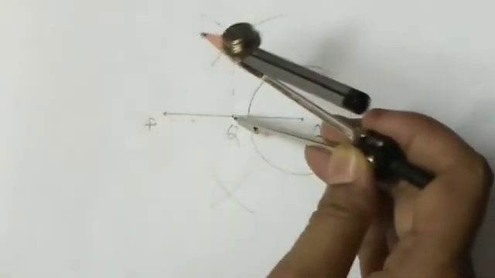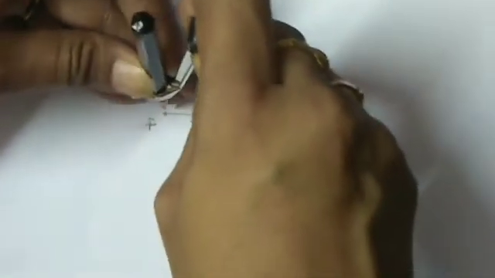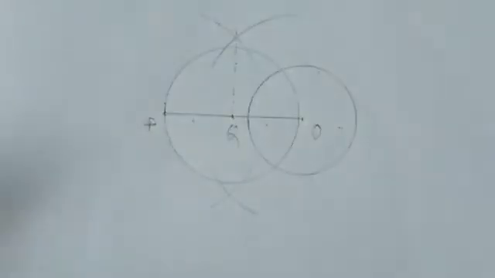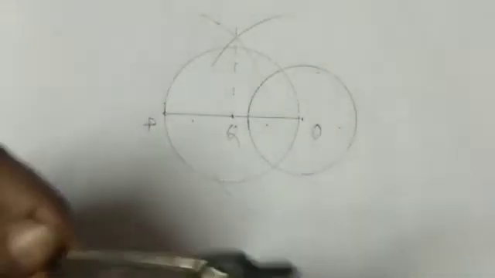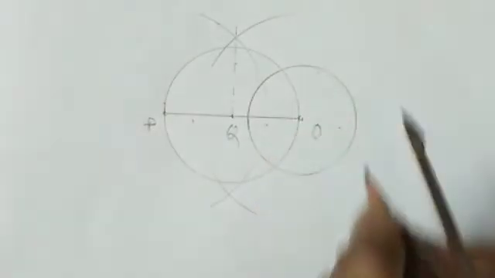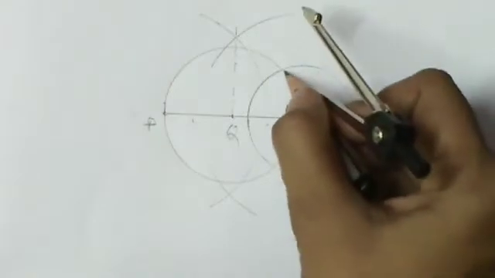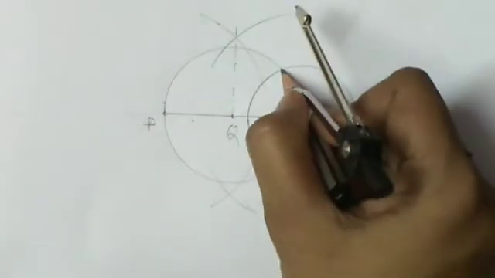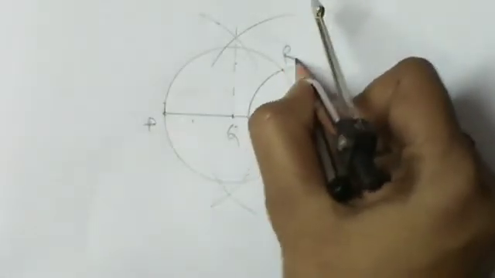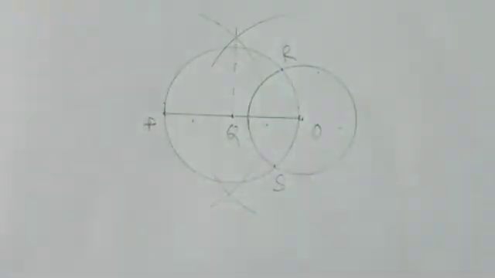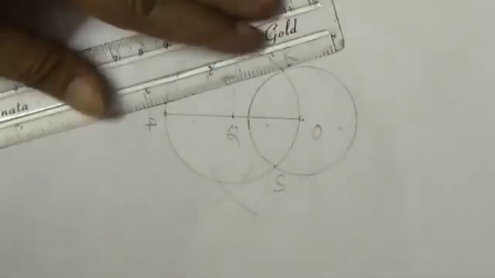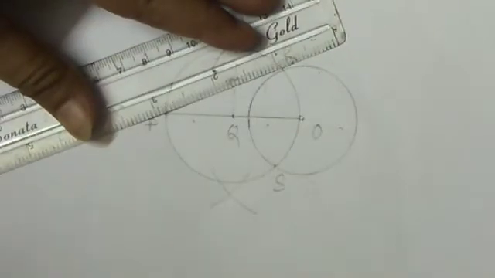Now by taking Q as a center and with the radius PQ, we will make a circle. When we have made the circle, this circle cuts the previous circle at 2 points, say R and S. Now you join these 2 points with P, and we will get the tangents.